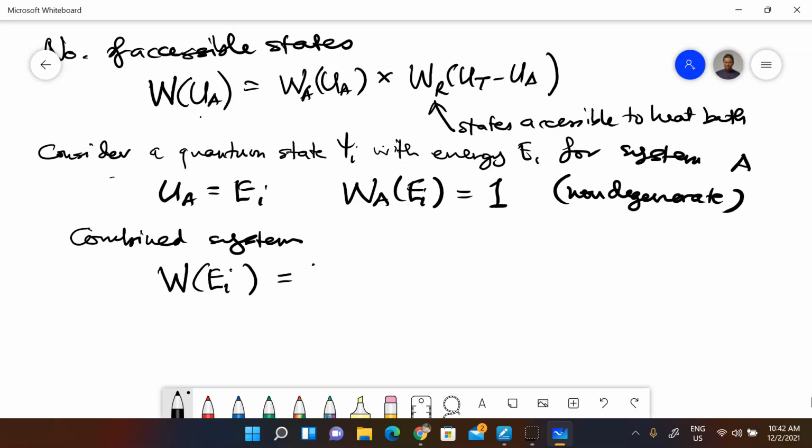So WA of UA is just going to be 1 times WR of UT minus EI. In other words, the states of the combined system are going to be dependent on the accessible states of the heat bath, and the accessible states of the heat bath are going to be related to some particular temperature.